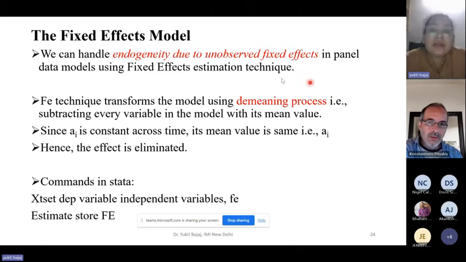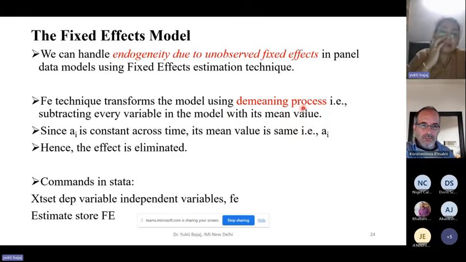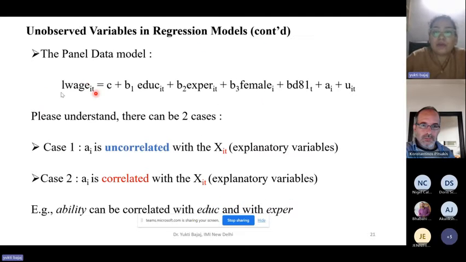Okay, how does this technique actually solve the problem of endogeneity, or this problem of A_i in the model? It transforms the model, using demeaning as a process. Now, what is demeaning? Demeaning means you subtract the means of all these variables from each of the variables. So log of wage minus expected value of wage, education minus expected value of education, and so forth.